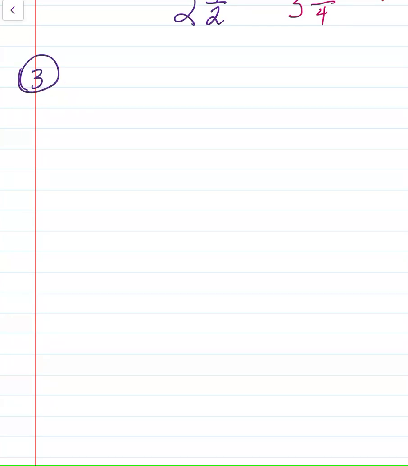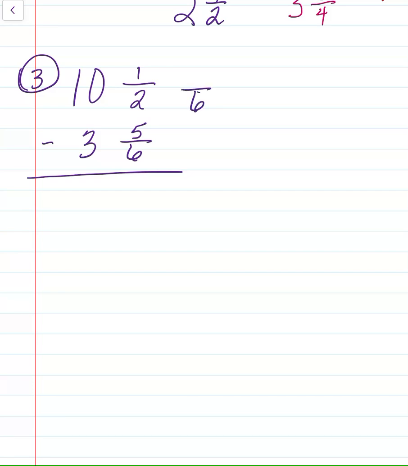So let's say, since I'm not going to draw a picture of this one, that we have 10 and a half, and we want to take away 3 and, let's say, 5/6. Okay, so our first step is going to be to find the common denominator, and our common denominator in this case will be 6.